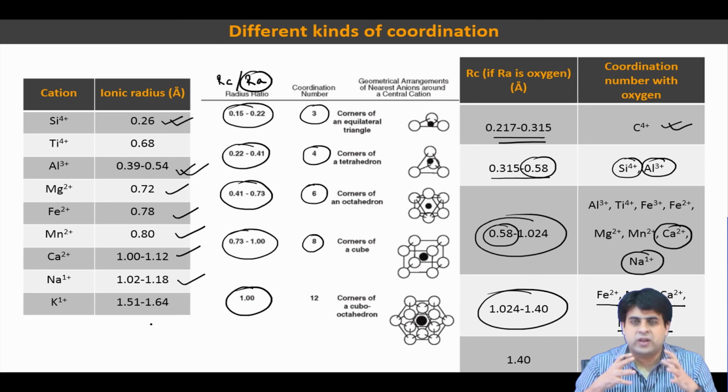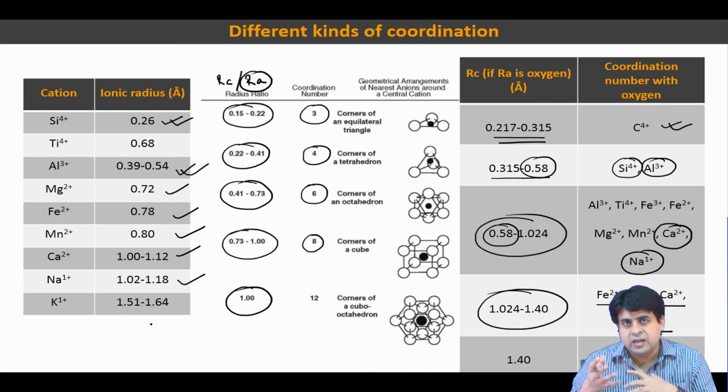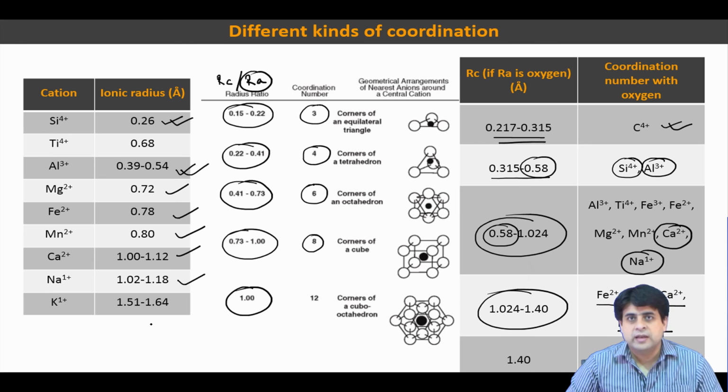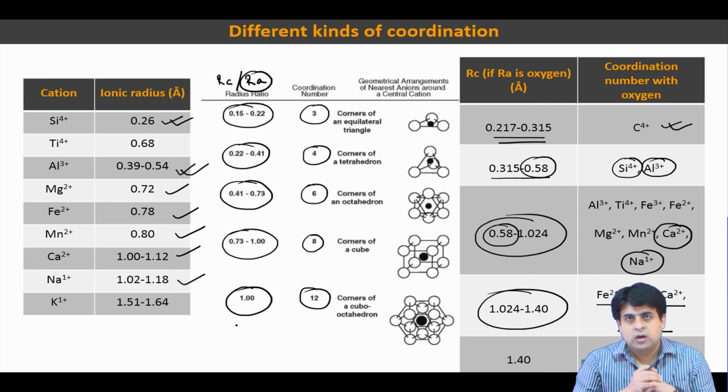This kind of coordination is very common in the case of metals. So if you have 12 coordination, you either have hexagonal closed packing or a face centered cubic structure. If we get time in the next lecture, we will discuss that. But when you have a coordination number of 12, that is called cubic closed packing.